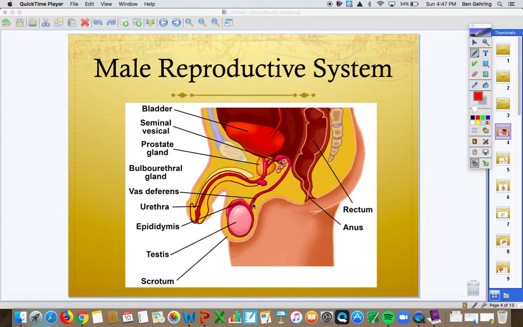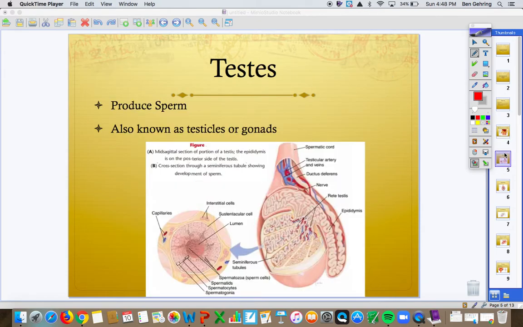They're connected to the vas deferens, which go up to here and conjoin with the seminal vesicle, which interjects into your urethra, which is found within your prostate. This flows down and out of your body, and that's your urethra there. So we're going to talk about these different pieces, and let's get started.